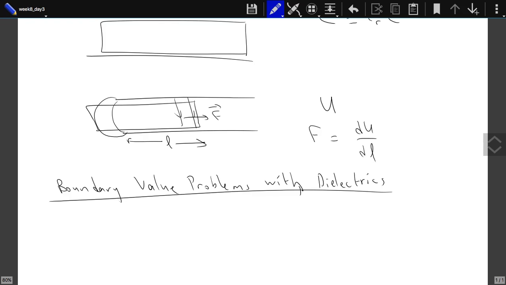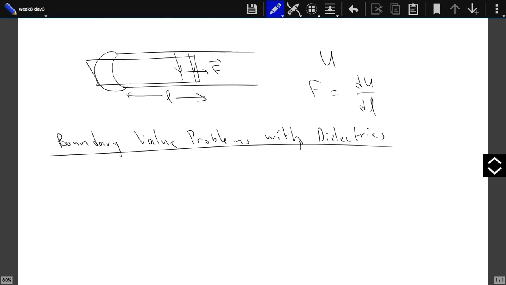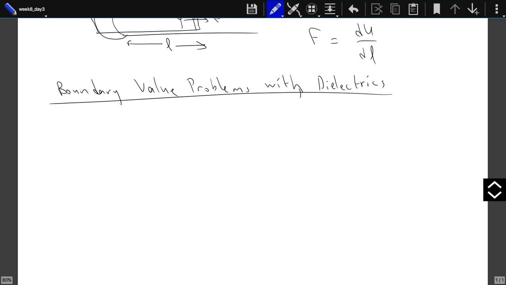So let's see if we have a similar case over here. Without actually going for an example, if you remember what we had done before, we had this dielectric sphere in a uniform electric field. Let's look at this one.